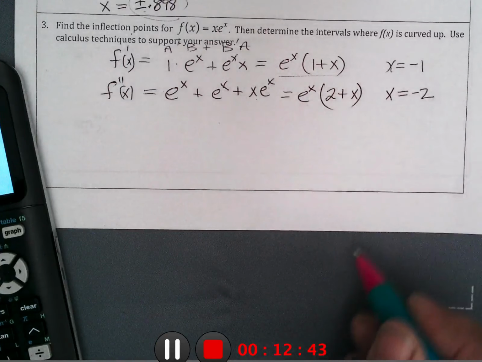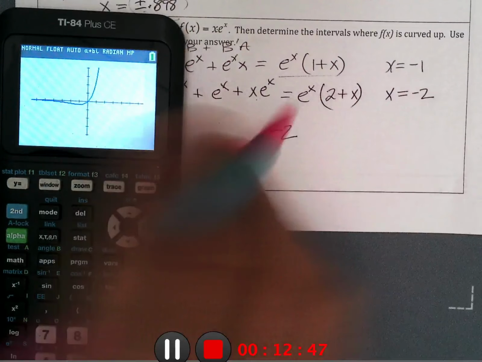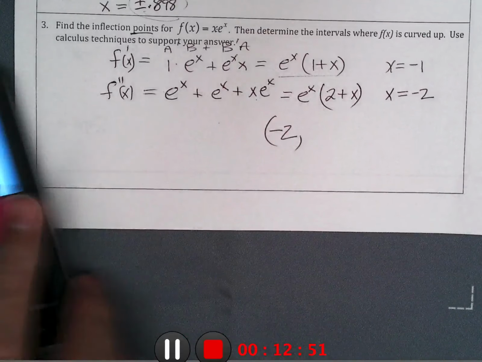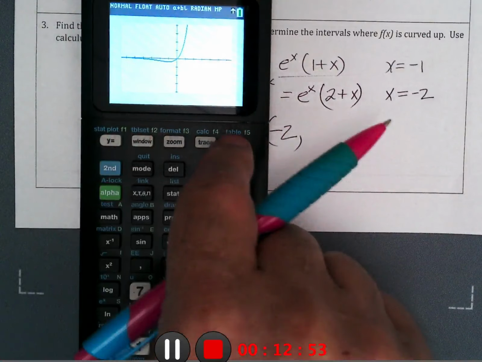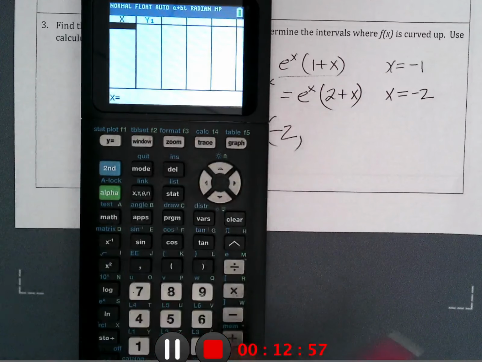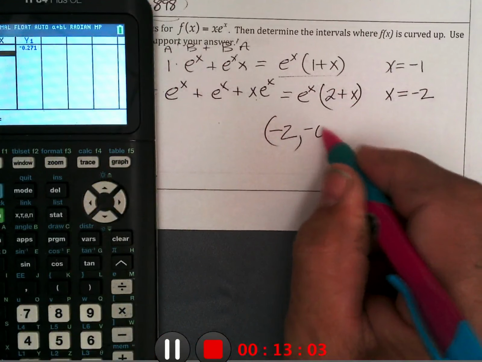And so at negative 2, and I said find the points, so I have to find the y value. So I'm going to go to the second table and plug in negative 2, and it's negative 0.271.